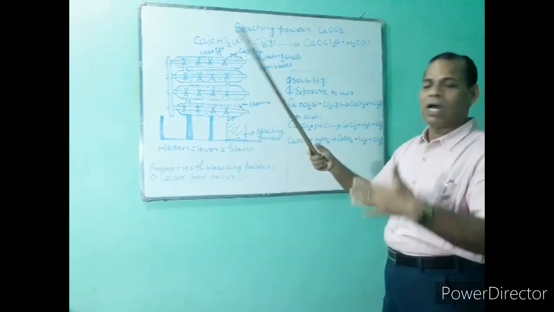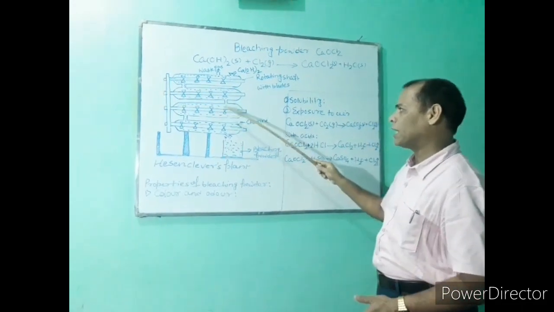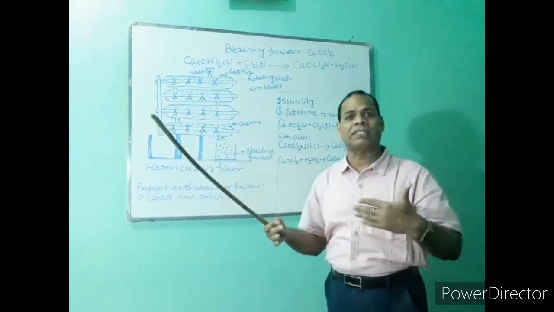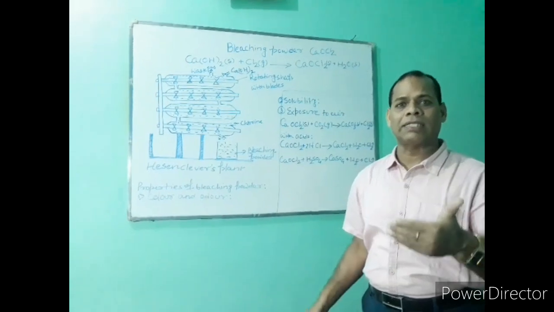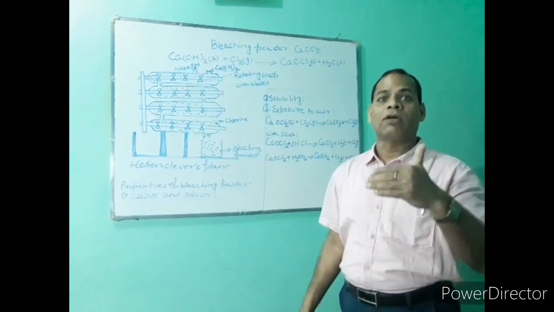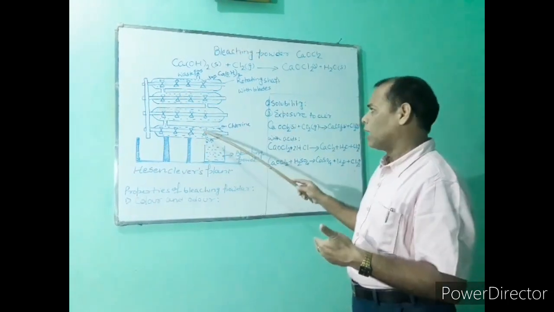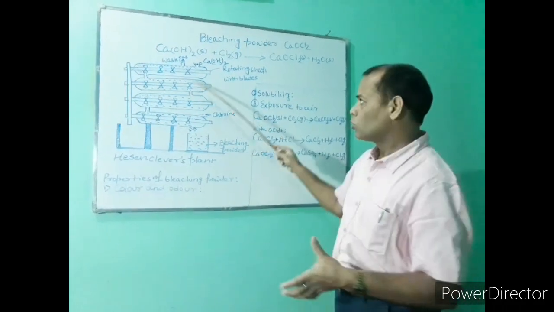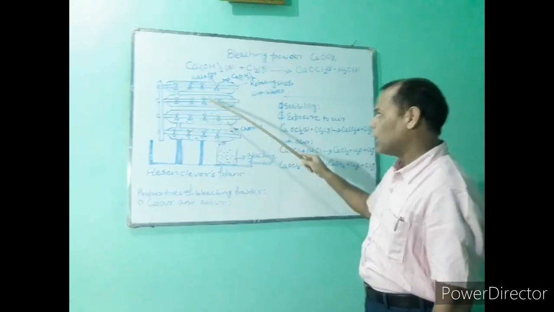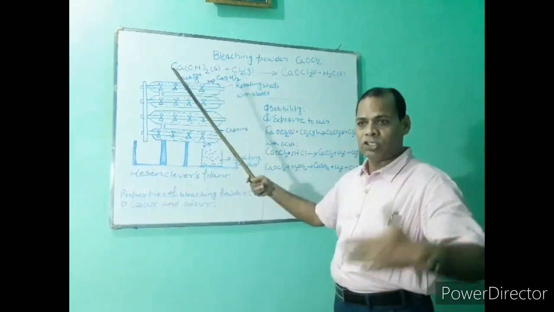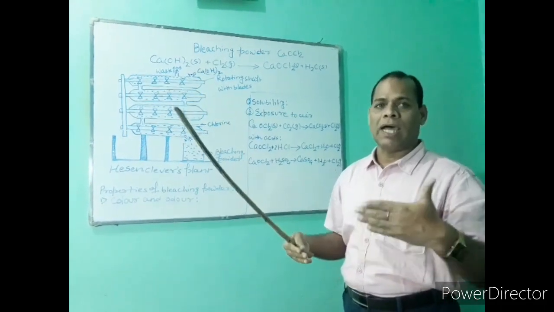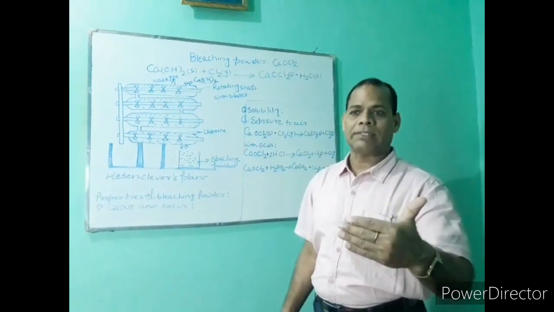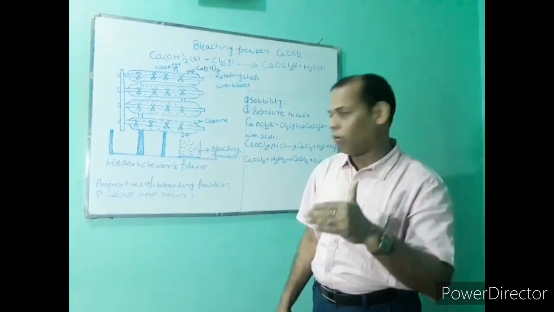In between, calcium hydroxide and chlorine gas meet each other, and the calcium hydroxide gets saturated with chlorine gas. As a result, bleaching powder is formed. From the top calcium hydroxide is coming down and chlorine gas is going up.